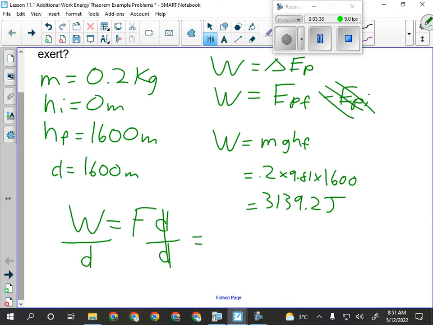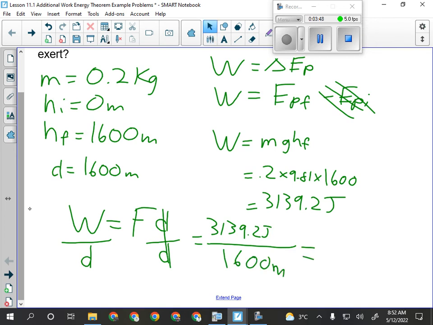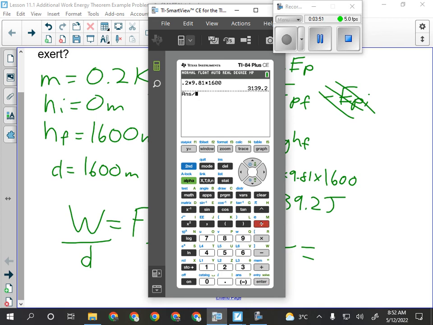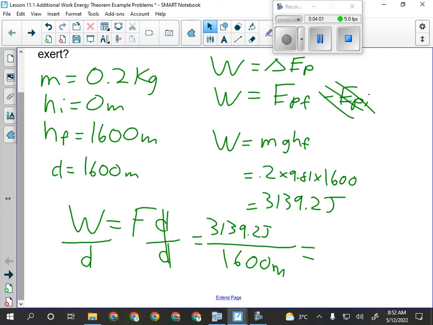So I take my newly calculated number here, 3139.2 joules, and I divide it by 1,600 meters. Right, which tells me 1.962 newtons worth of force was required.